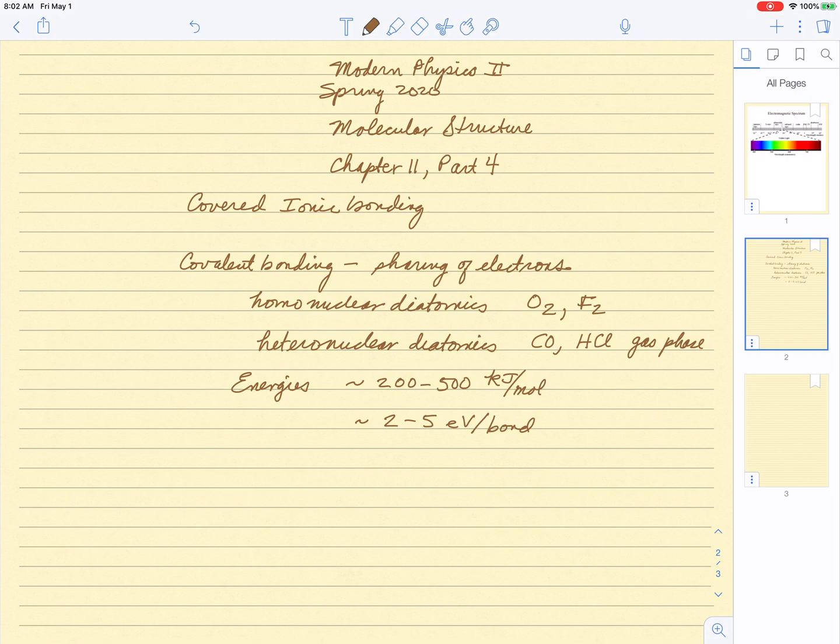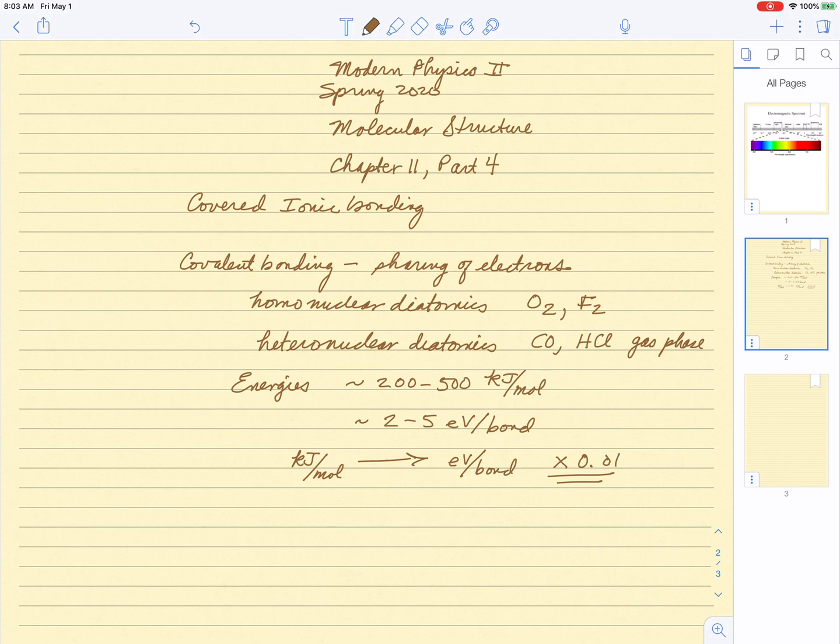Okay, so there's a nice conversion factor here that's probably worth remembering. So if you wanted to go from kilojoules per mole to eV per bond, you just want to multiply by 0.01. And so you can see that here already, right?